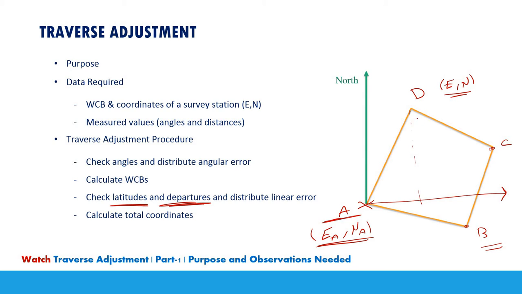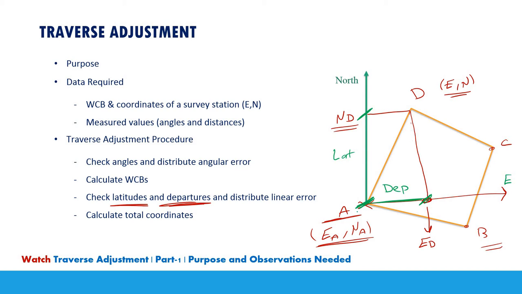To calculate the easting and northing for D, for example, this is the easting of D here, and this is the northing of D. From the previous video, you know that we call this distance along the easting axis the departure. And we call this distance along the northing axis the latitude.